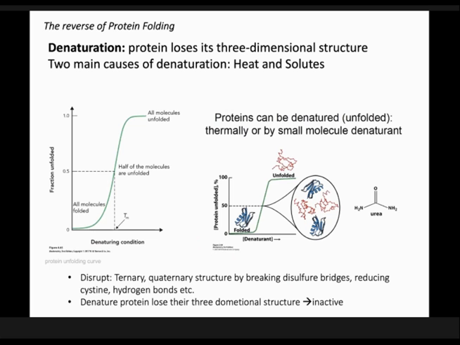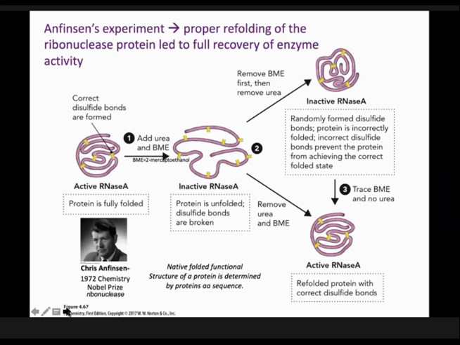When you denature the protein by heat or by different chemicals that disrupt all the interactions present in the 3D structure, we call it denaturation, okay? If a protein is denatured, that means it's not functional anymore. It's inactive, basically.